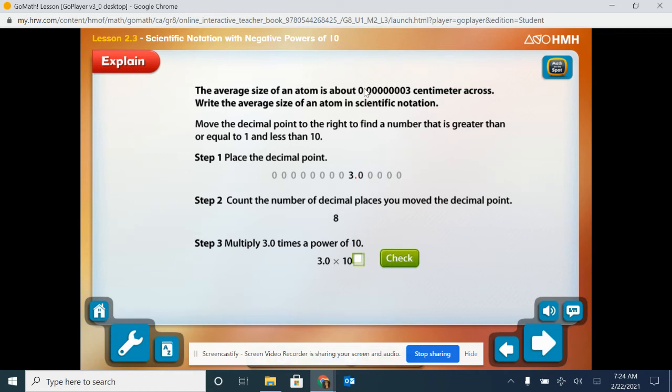That number is very tiny, so my exponent is going to be negative. When I write really big numbers, the exponent is positive. When I write really tiny numbers, the exponent is negative. So that's going to be negative 8. That's right. Multiply 3 and no tenths times 10 to the negative 8th power.